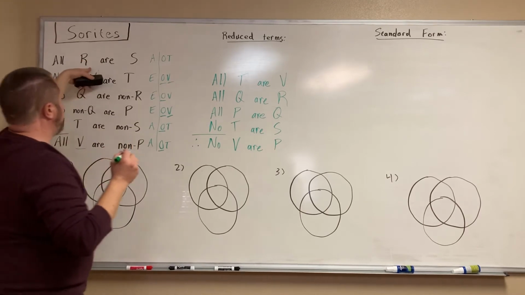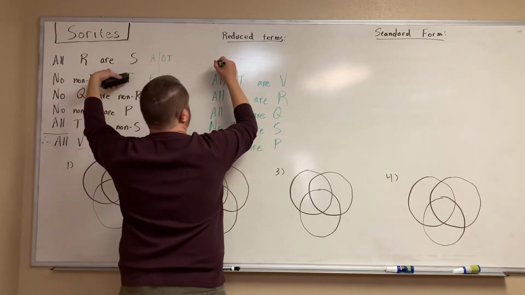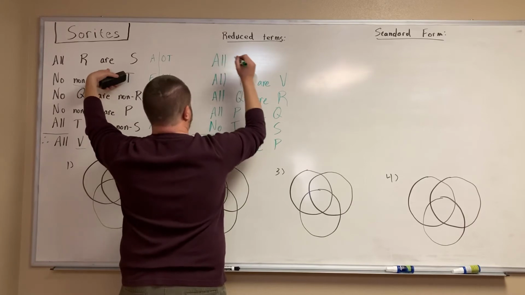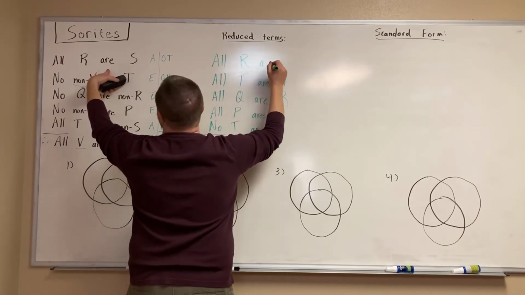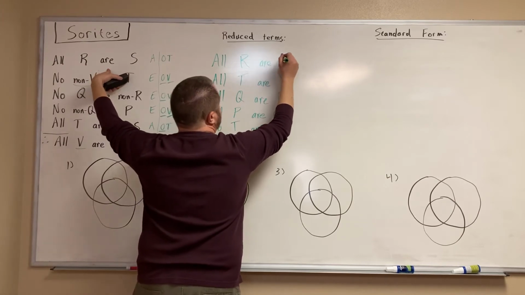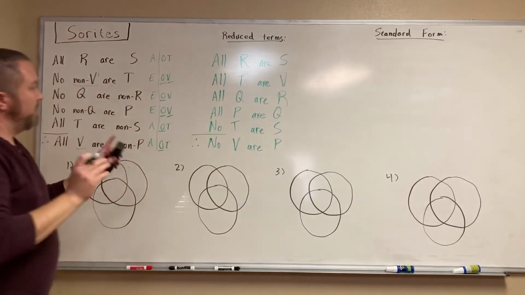And then it doesn't look like we have any more terms to reduce, so we should just be able to leave the top premise the same, all R, S. Double check.